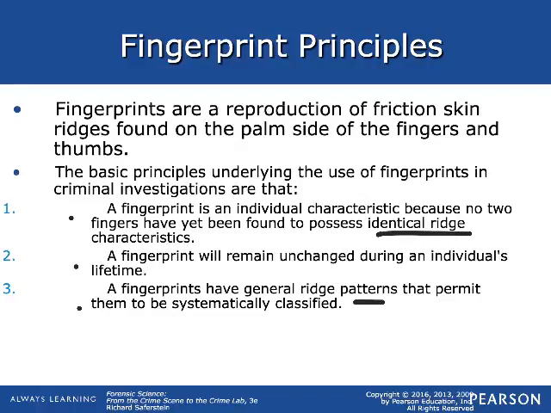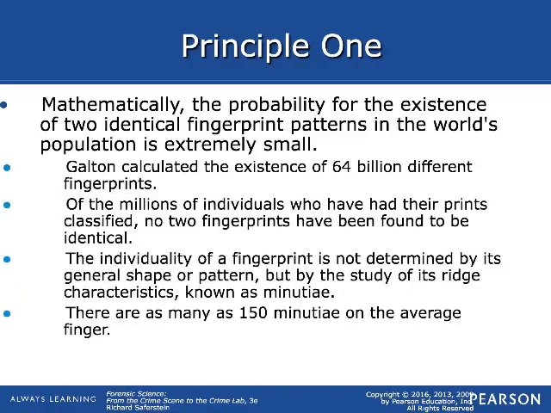So no two fingers are the same. They don't change. They develop when you're a fetus, and there's a systematic way that they can be classified. Now, principle 1 is that there's no two fingers that are the same.